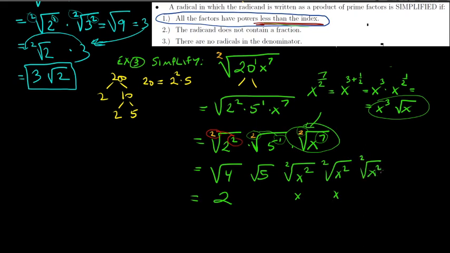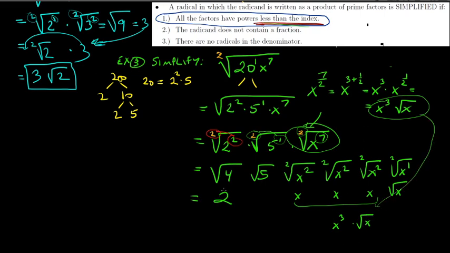Now, how many x's do we have here? 2 plus 2 plus 2 is 6. We need 7, so we need one more. 6 plus 1 is 7. So this is still the square root of x. But x times x times x is, of course, x cubed. And then we still have the square root of x. So same answer as before.